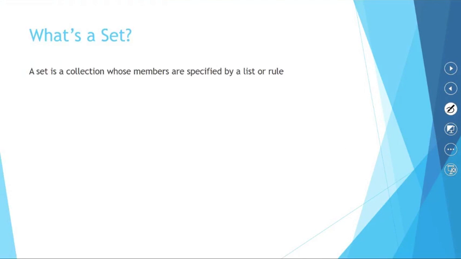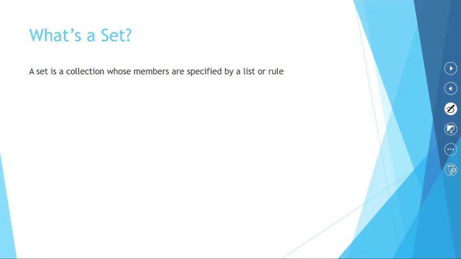Basically, what I need you to think about as a set is a collection whose members are specified by a list or rule. For example, my 6th period class, which is you guys, is a set. And each one of you is a part of that set, or what we'll later call an element of that set.